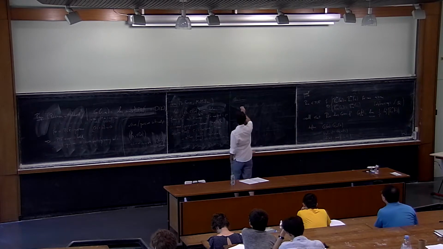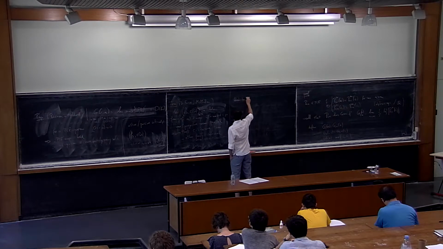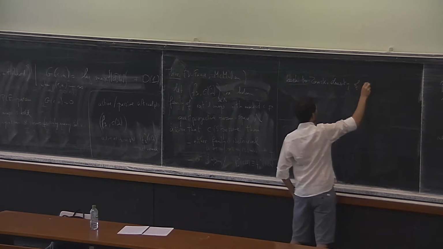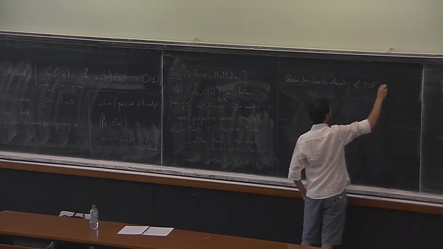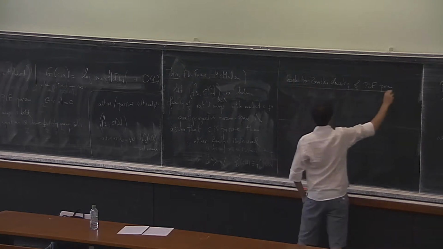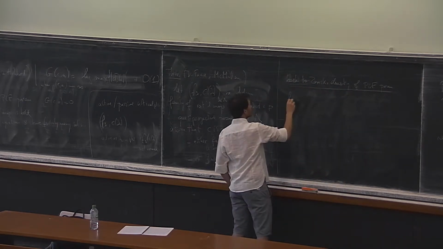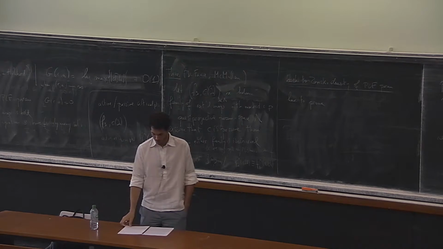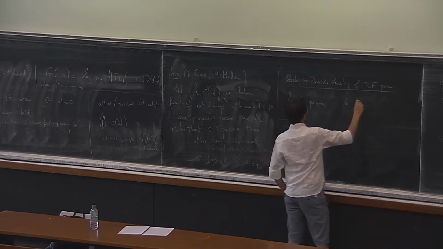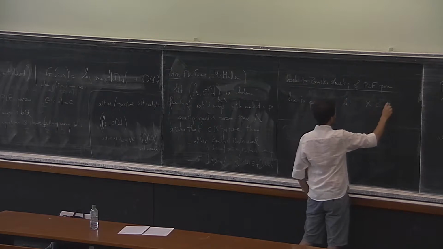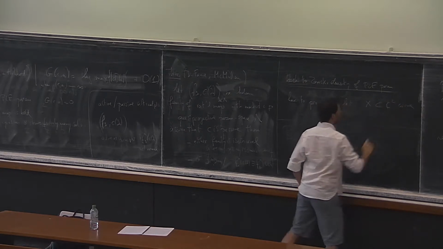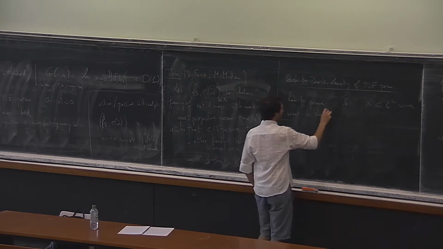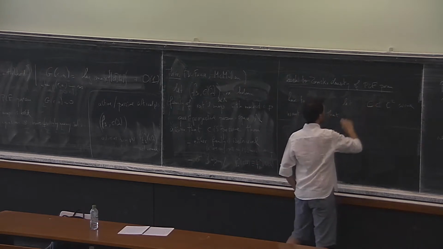Then let me get back to Zariski density of post-critically finite parameters. So what you have to prove is the following. You take a Zariski closed set X in C^2, a curve. Let me call C this curve.